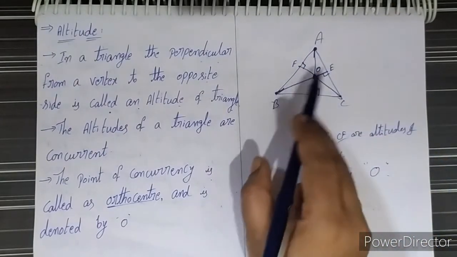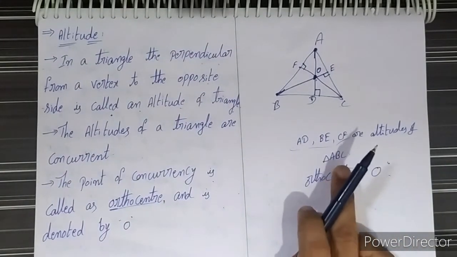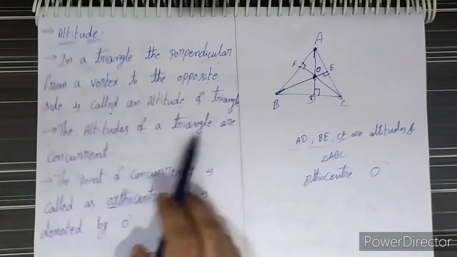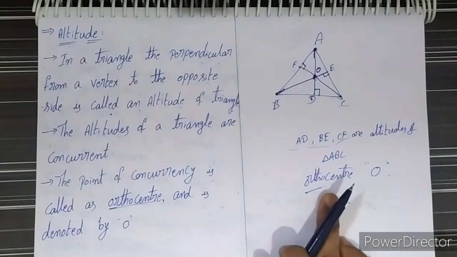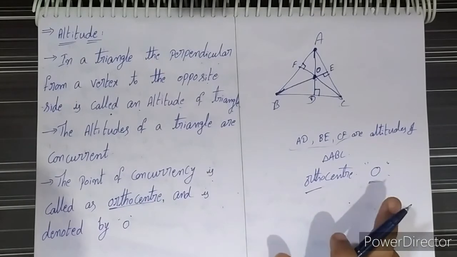These AD, BE, CF are altitudes of triangle ABC. These altitudes are concurrent. The point of concurrency is called the orthocenter, and it is denoted by the capital letter O.